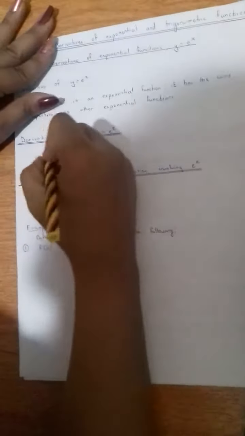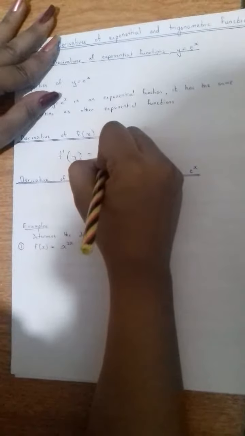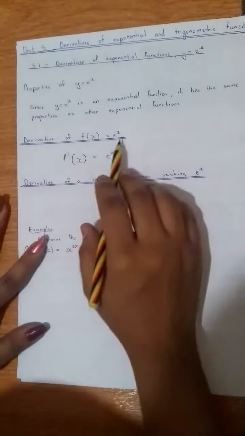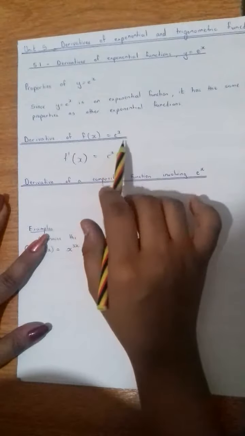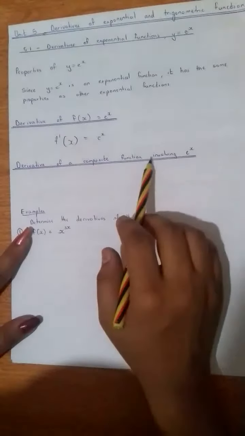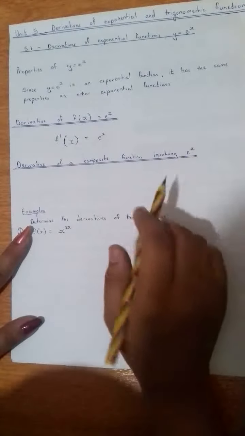The derivative of this function is equal to e to x. It's the same. It's going to remain the same as the original value. Derivative of a composite function involving e to x.